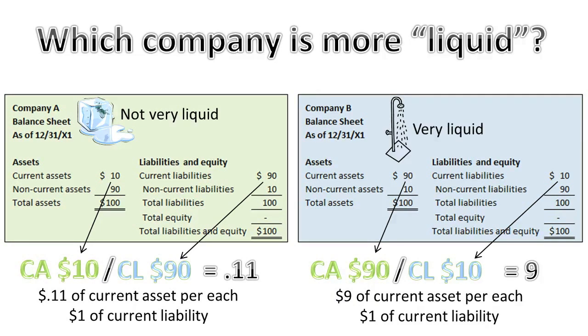And since the companies are identical in every other way, Company B would definitely be a better credit risk. Note, it is possible to be too liquid if your current assets are sitting around not generating income. Computing a company's current ratio and using it to assess a company's liquidity as compared to other companies is just one example of how users can benefit from the information provided on a classified balance sheet.